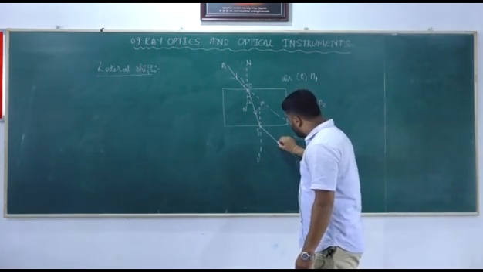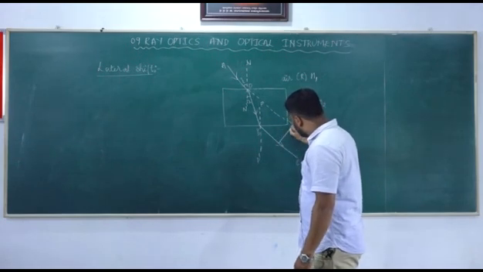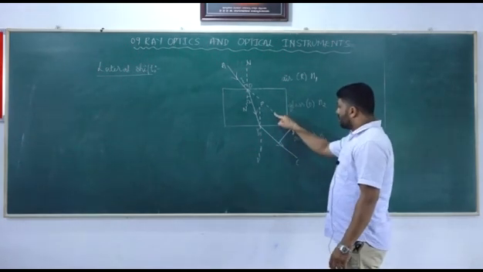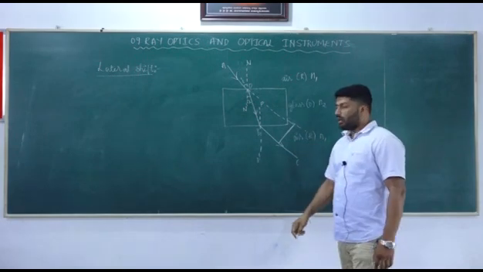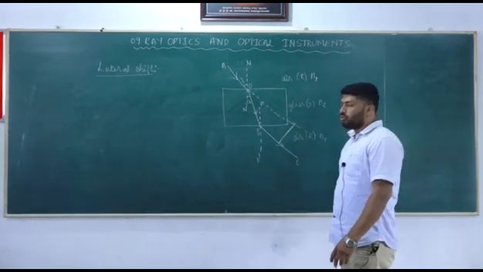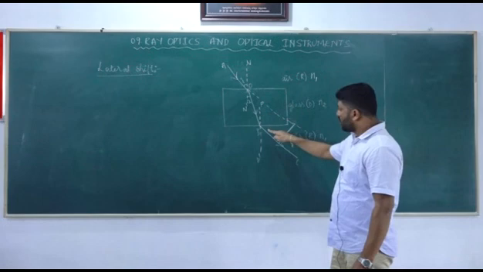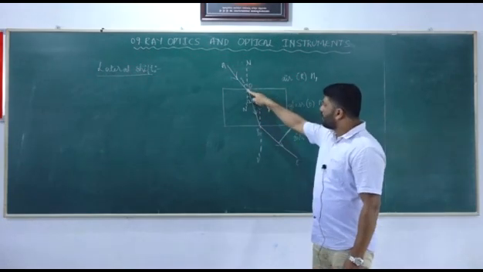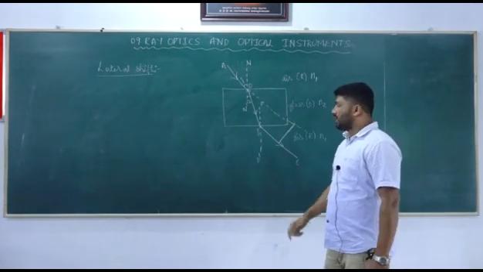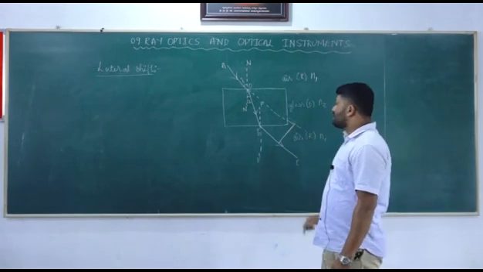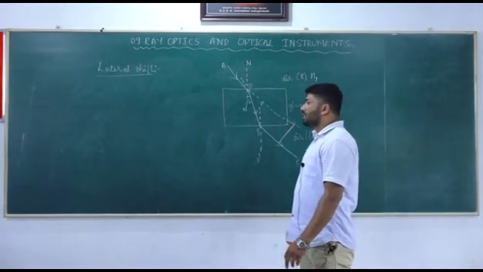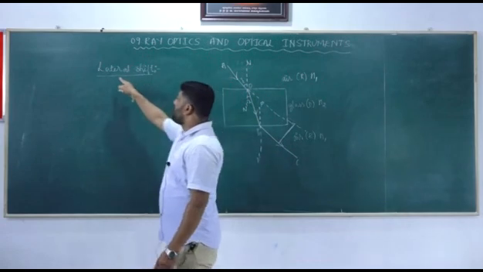Now if we draw the perpendicular between these two lines, the emergent ray and the extended incident ray, this perpendicular distance is called the lateral shift.